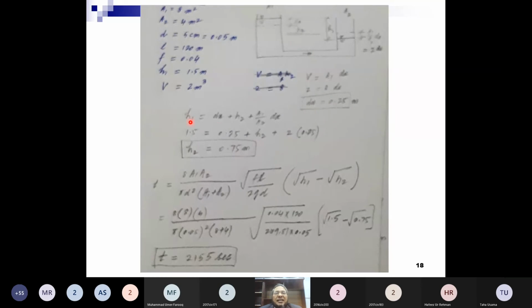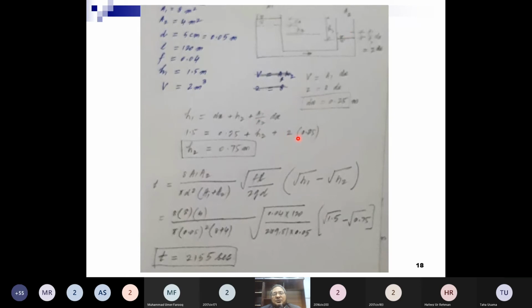Now we have to compute H1. And from the equation of H1, basically we will compute H2. And H1 क्या है? The level of water from here to here जो original है. So that is 1.5 meter as it is given, and dx is 0.25 plus H2 which we want to determine plus area 1 over area 2 into dx. We know that the surface area of tank 1 is double of surface area of tank 2.